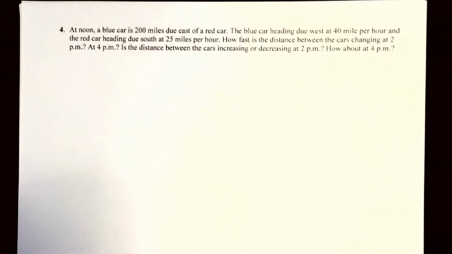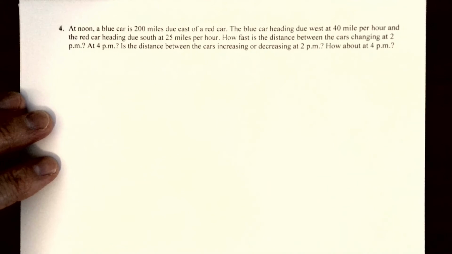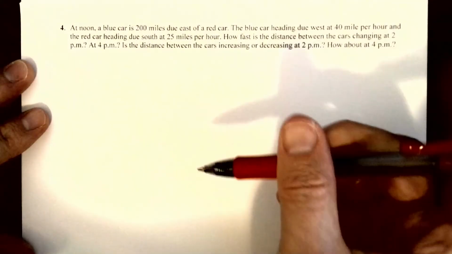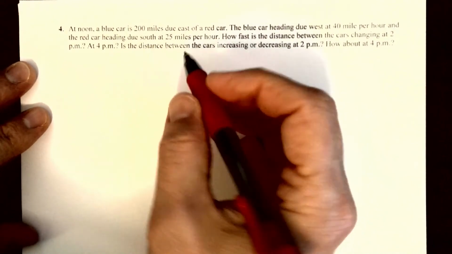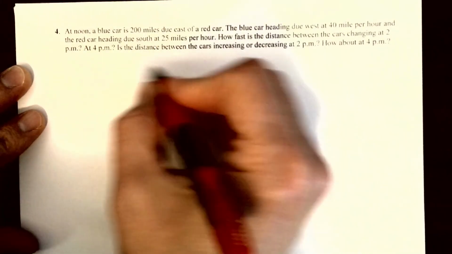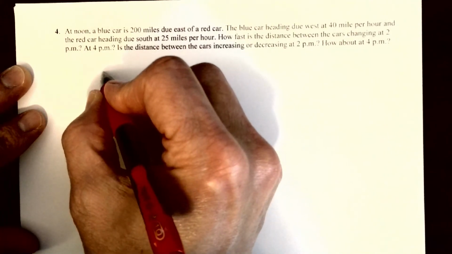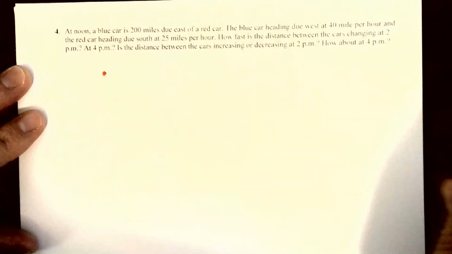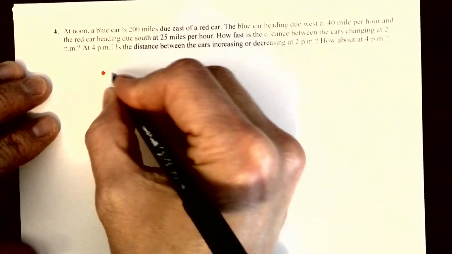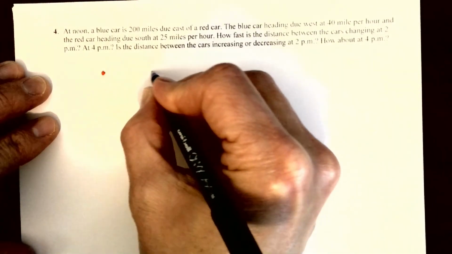So at noon, a blue car is 200 miles due east of a red car. Let's just draw that right now. What would it look like if the blue car was east of the red car? Well, east is to your right here. So if the red car is located here at noon, then the blue car, I'll draw it in blue, will be 200 miles due east.